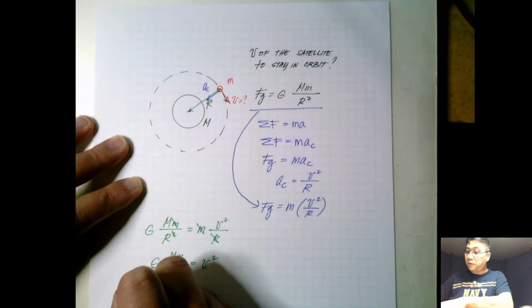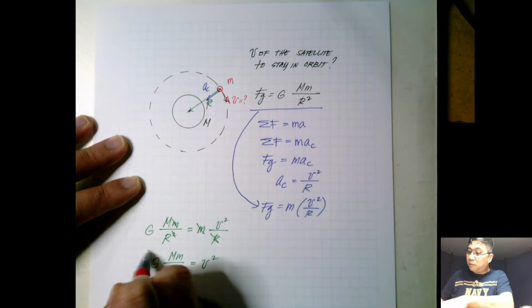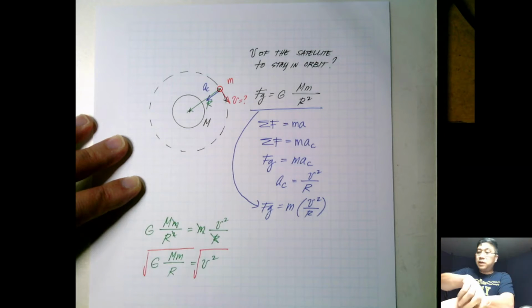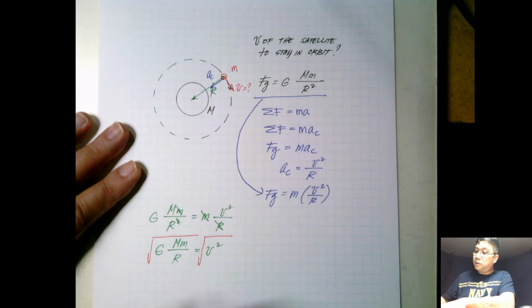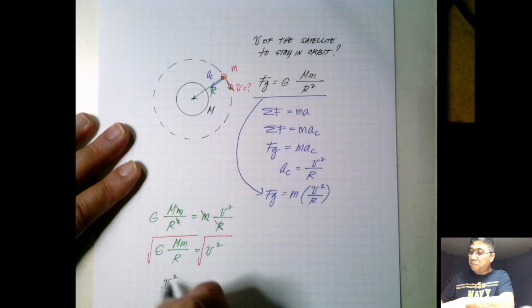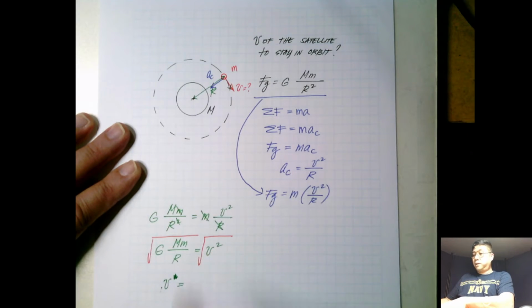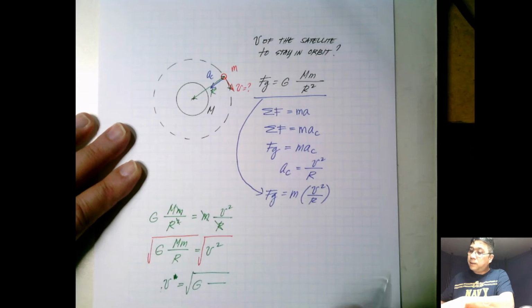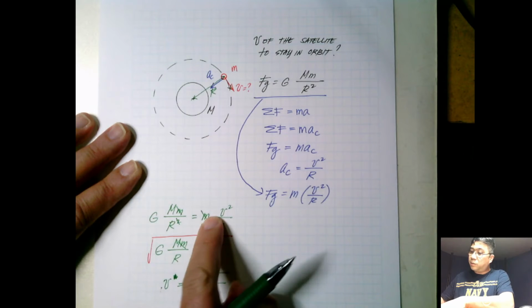I want to figure out the velocity, so we must take the square root of both sides, giving us v equals the square root of G, and there's no more little m because it's already canceled.